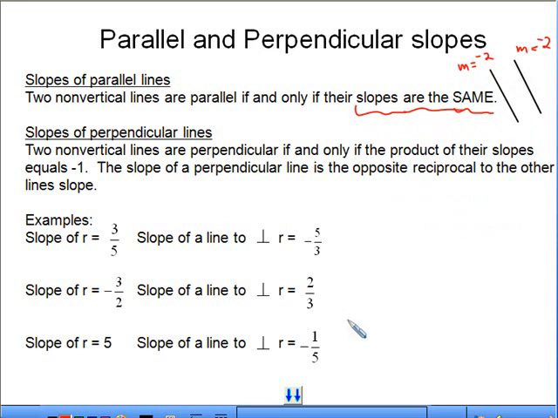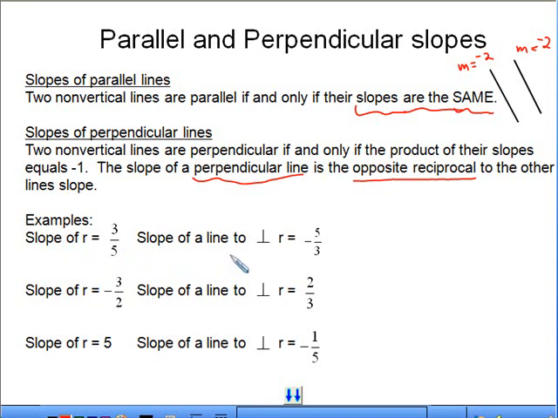Now slopes of perpendicular lines: the products of their slopes have to multiply together to equal -1. So what I like to say is perpendicular lines, their slopes are opposite reciprocals. Opposite reciprocals. So for example, let's say the slope of the first line is 3/5.